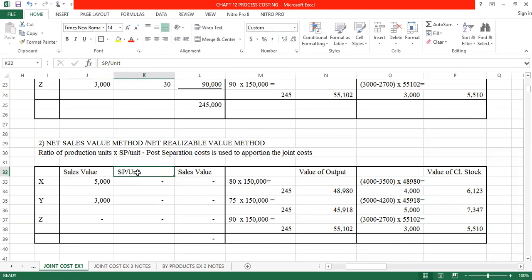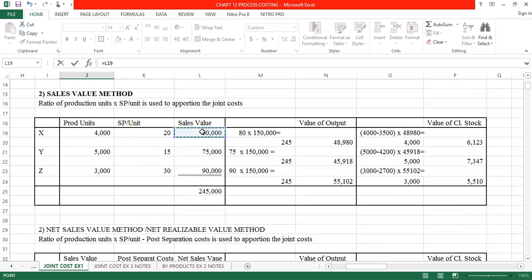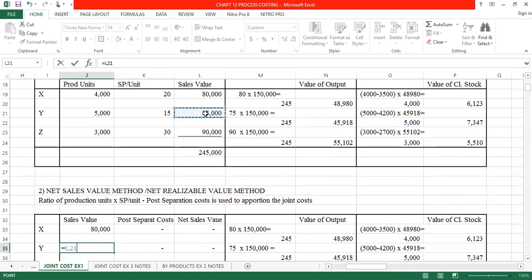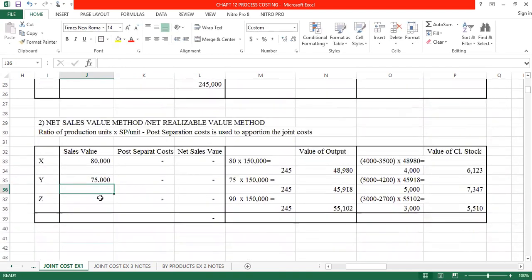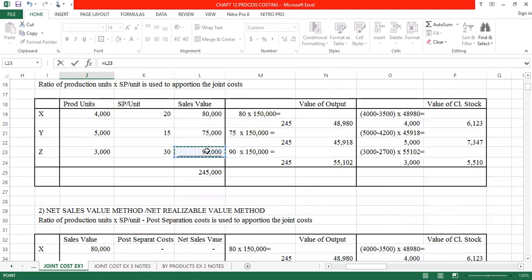Here you have post separation costs, and then here we have net sales value. So what is our sales value? We already have it from there. You don't need to repeat it. Our sales value is 75, our sales value is 90.